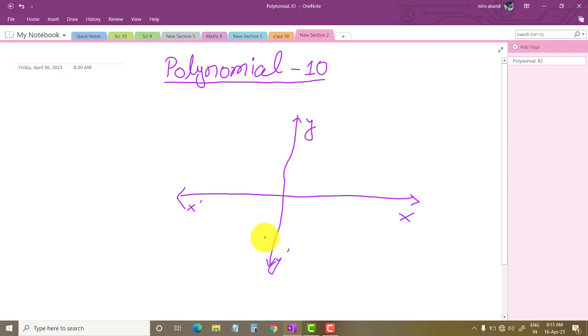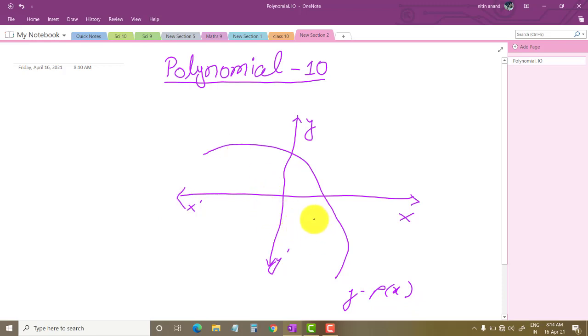Now see the geometrical meaning of the graph for a polynomial. Suppose this is our graph, and this is the graph of y equals p(x).